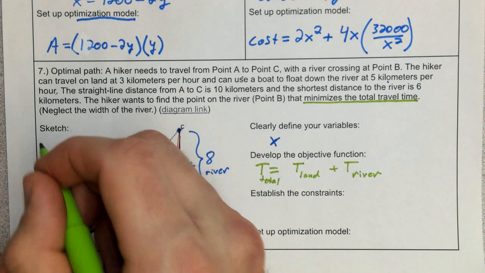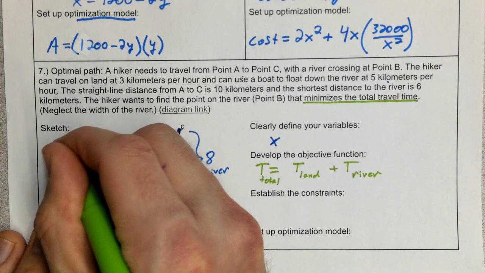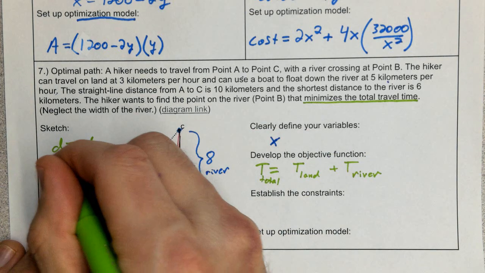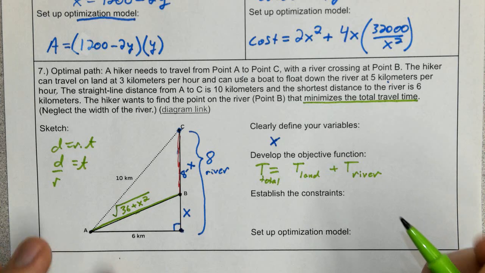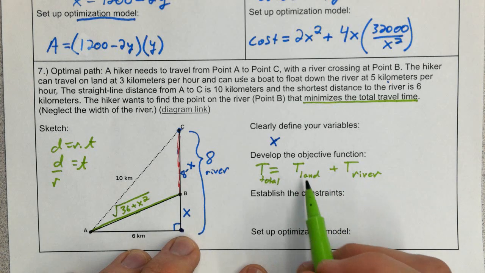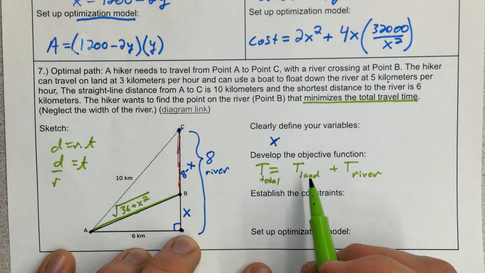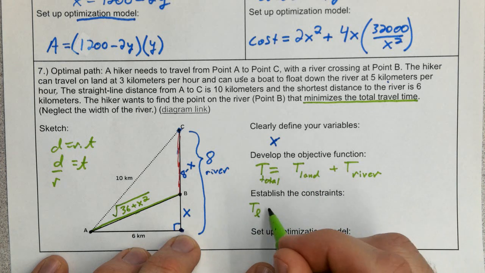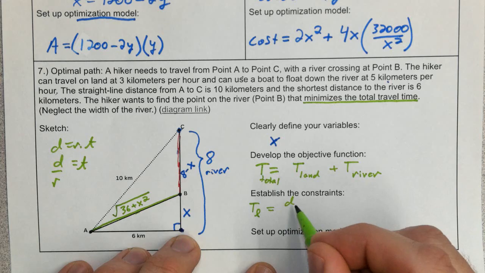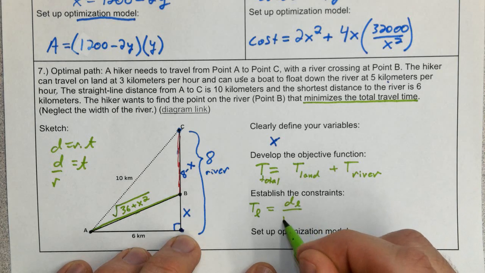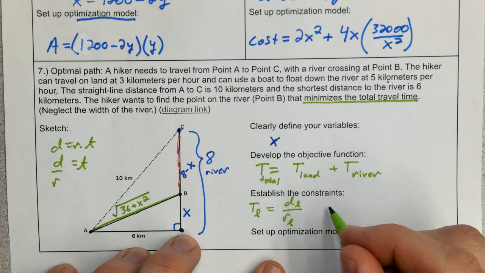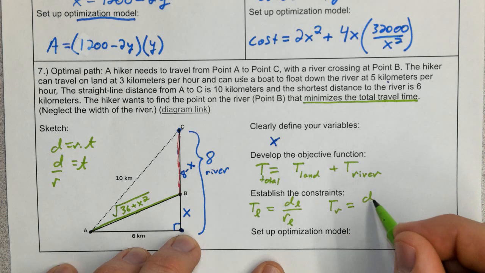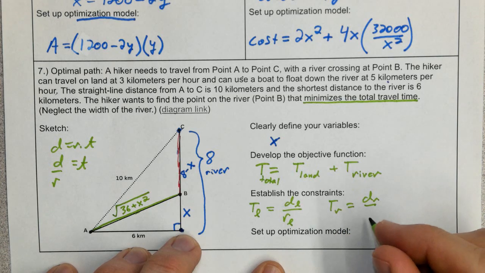But we do remember that distance equals rate times time, okay? So time equals distance over rate. So for the time for land, let's call it T sub L, that's going to be equal to the distance on the land divided by the rate on the land. And the time on the river, T sub R, is going to be the distance on the river divided by the rate on the river.